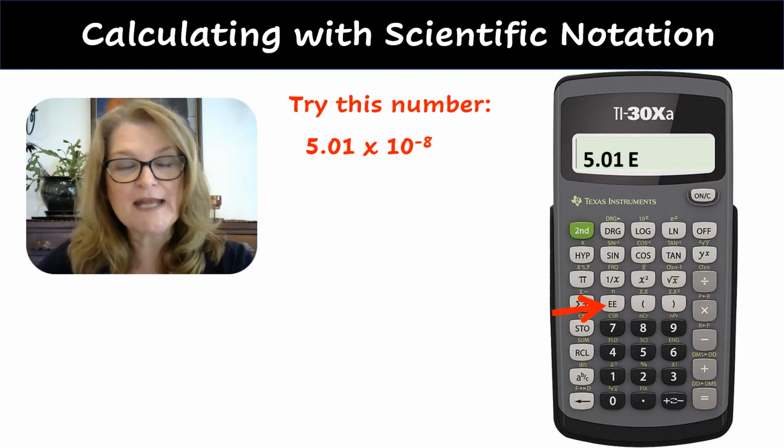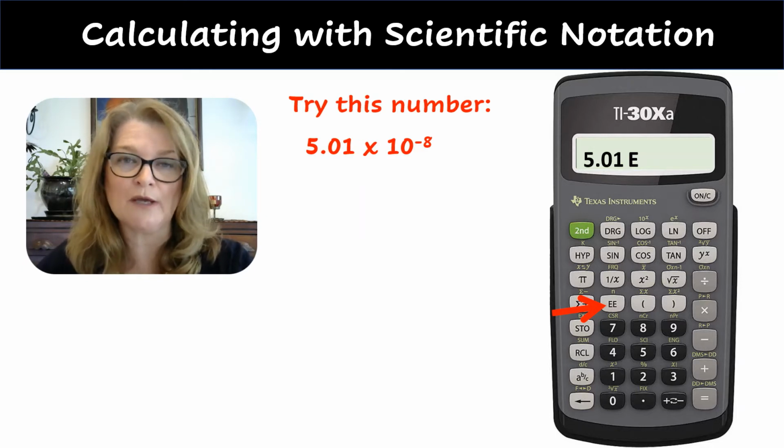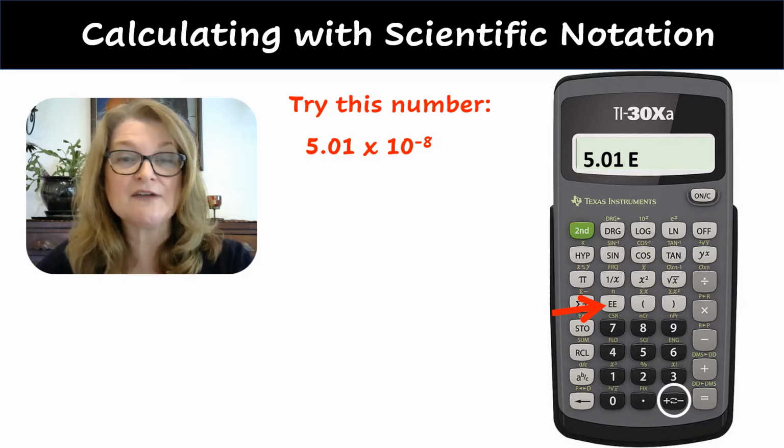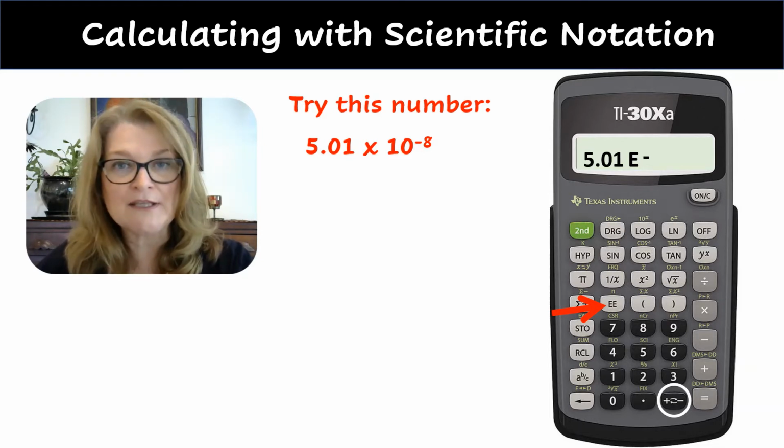Well, this exponent has a negative number, so we need to find on our calculator the negative sign button, which is not the same as the subtraction button. We don't want to confuse those. So on your calculator, you might have a button that says (-), or it might have minus in parentheses. That's telling you that it's the negative sign. So we would press that, and then we add the number 8 in our exponent.